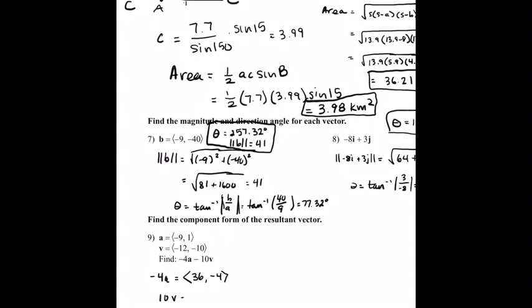And then if I do 10 times v, that's going to give -120 and -100. Now all I got to do is subtract these.